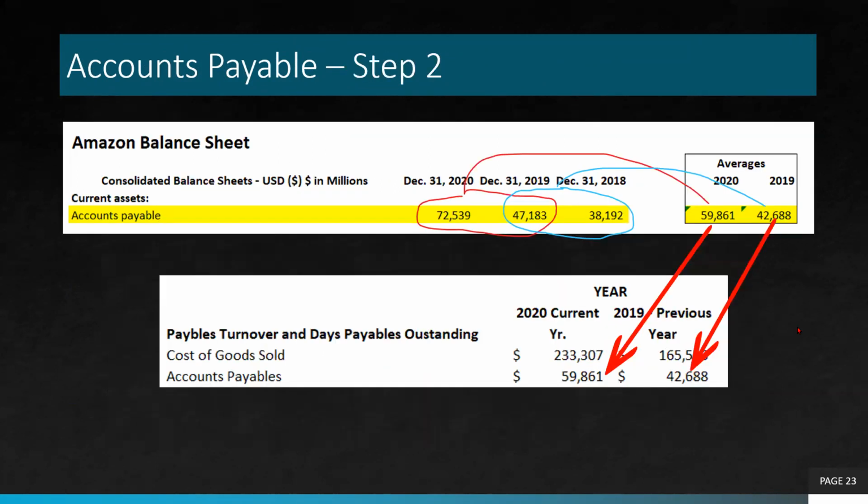Then to arrive at my averages, I go to the balance sheet. I look at my accounts payable for 3 years. I take 2020 plus 2019, divide that by 2, and I come up with 59,861, and I plug that number in the accounts payable section. For 2019's average, I take 2019 plus 2018, divide that by 2, which equals 42,688, and I bring that number down here.